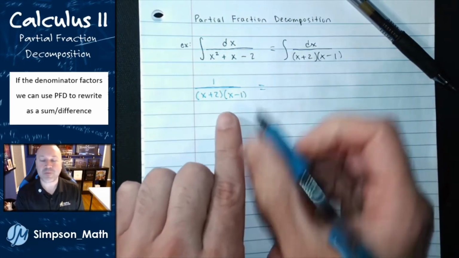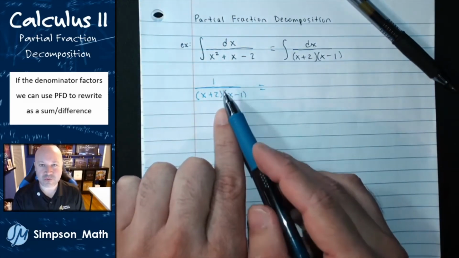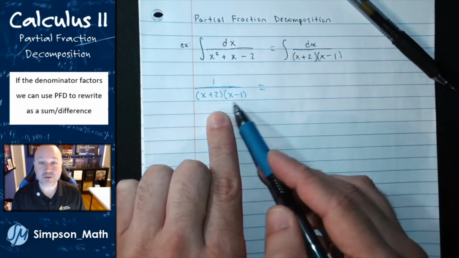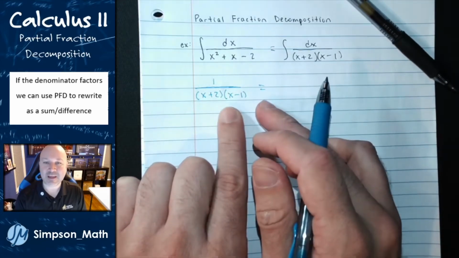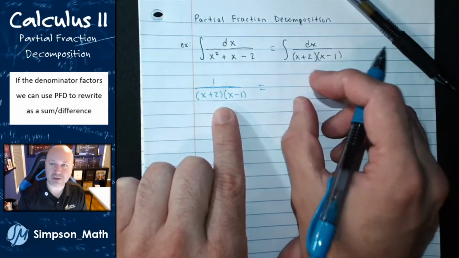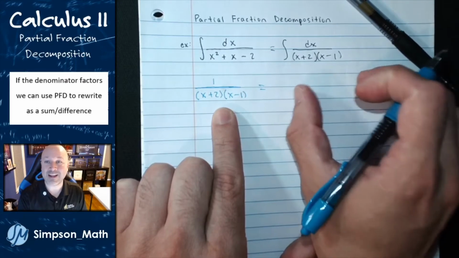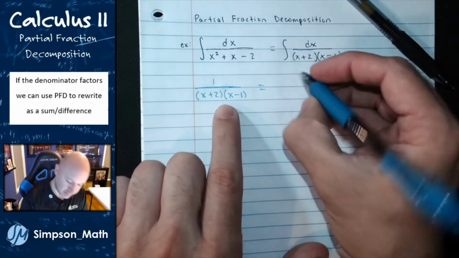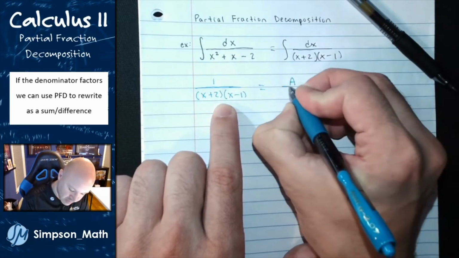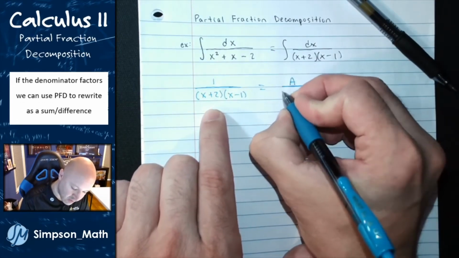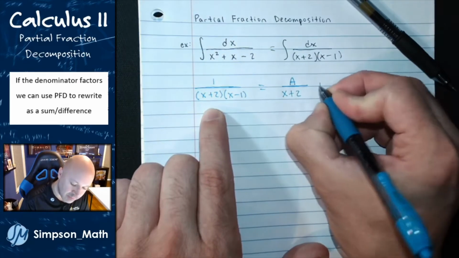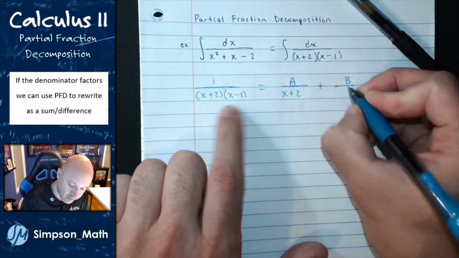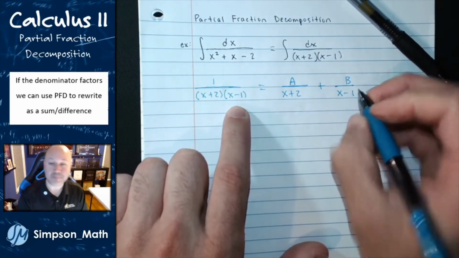And I claim if I have a fraction where the denominator is two different factors, then that must have come from the addition of two things being added together, where that was the common denominator. I don't know what a was, but some number over x plus 2 being added to some other number over x minus 1.